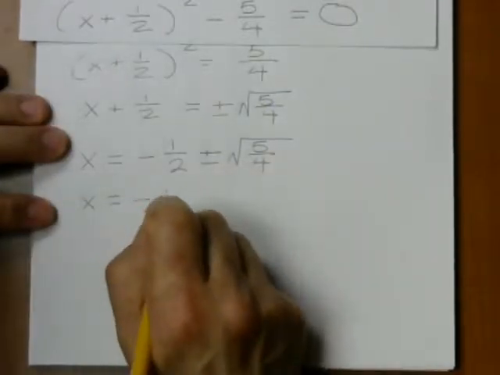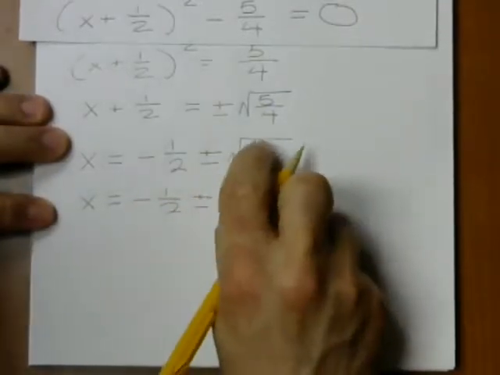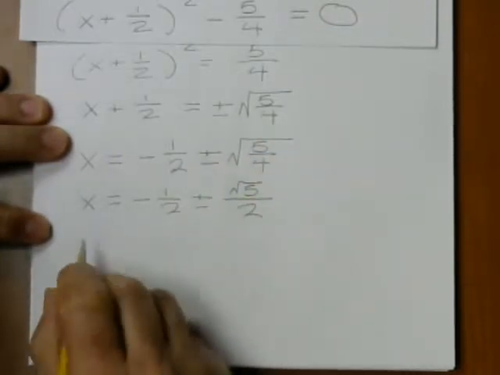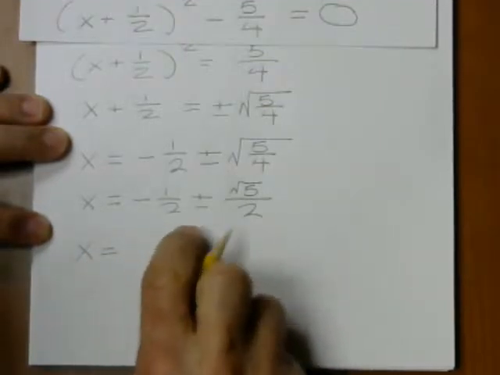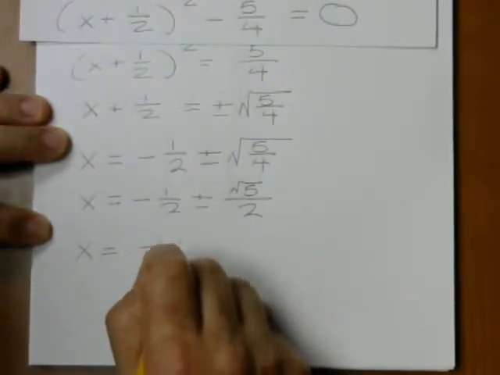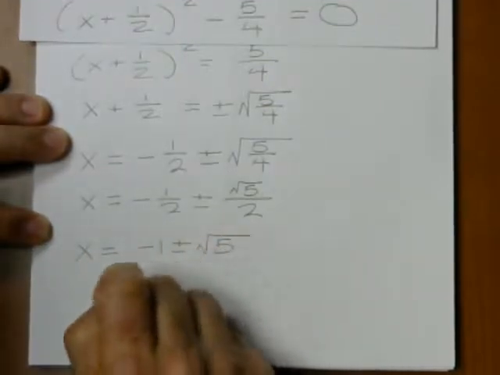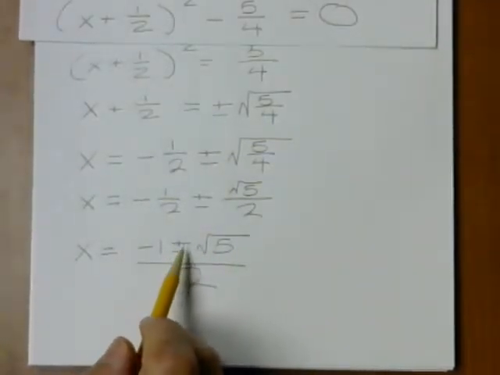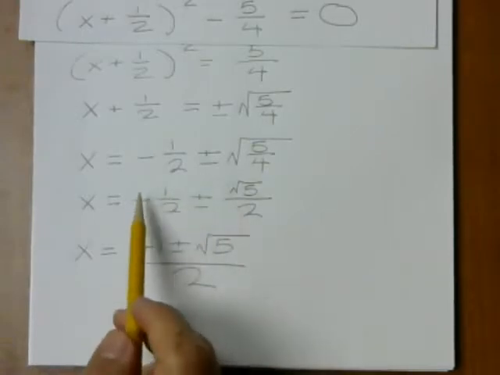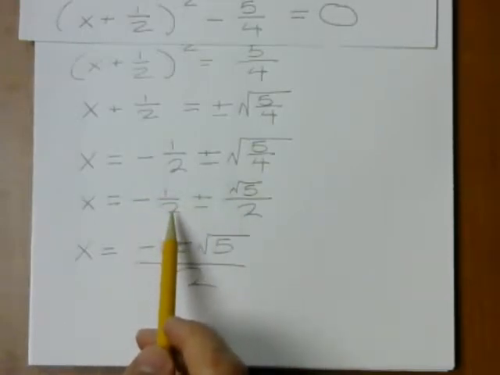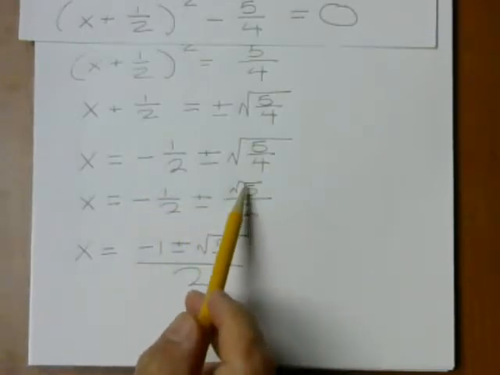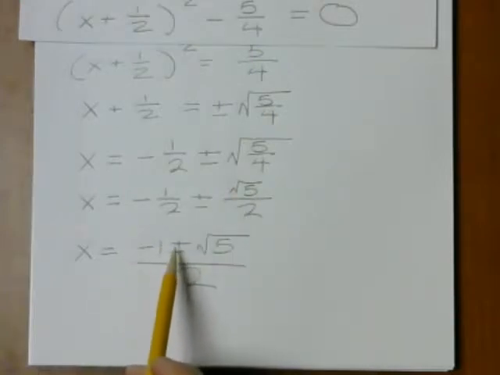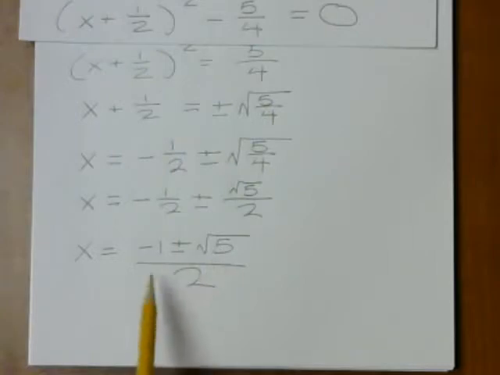Absolutely. This is root 5 over root 4. And I could combine these. Don't get scared about me moving this plus or minus into the top. Basically, I have minus 1 divided by 2, and either plus or minus root 5 divided by 2. So that's just minus 1 plus or minus root 5, divided by 2.